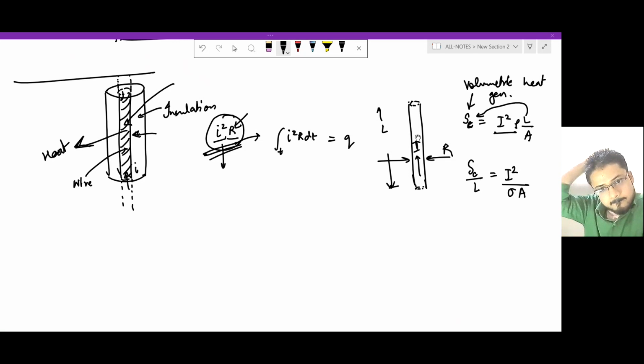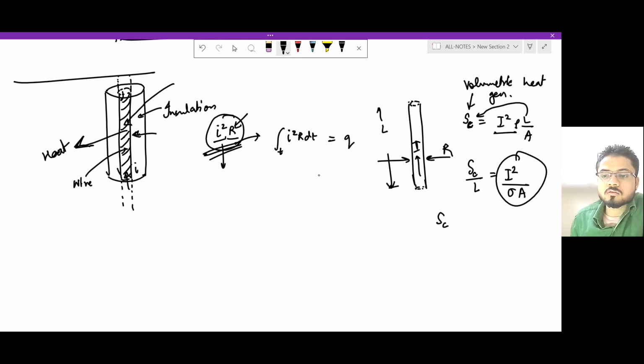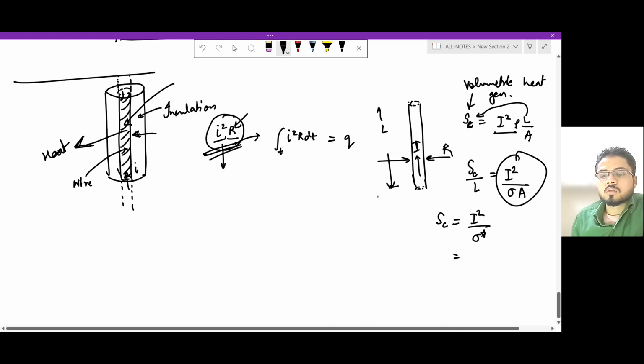Okay. So just adjust these expressions to obtain something like this. Let's call this I squared divided by sigma, or sigma, let's call it sigma star. And the respective units of this is not current now. I star, let's write it like this.